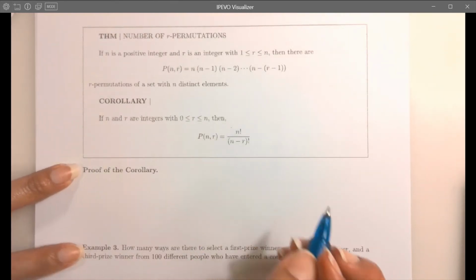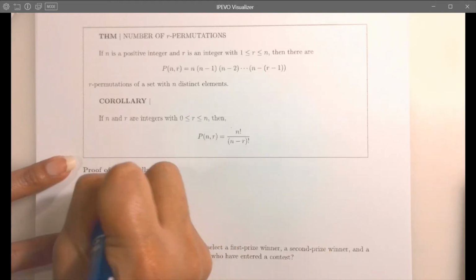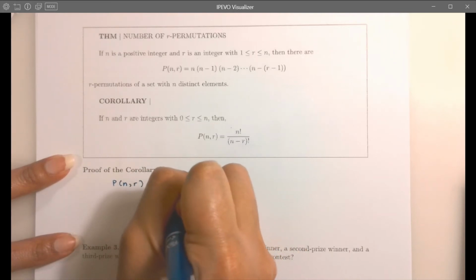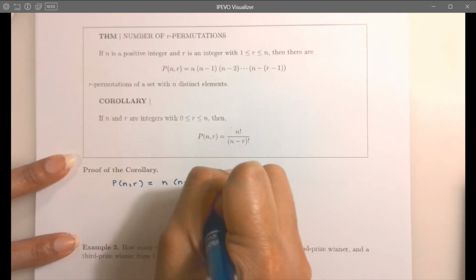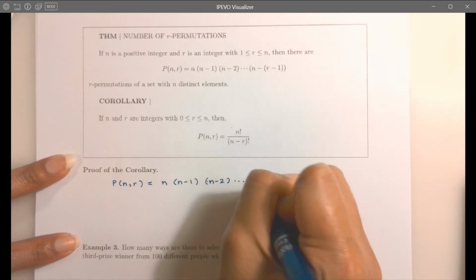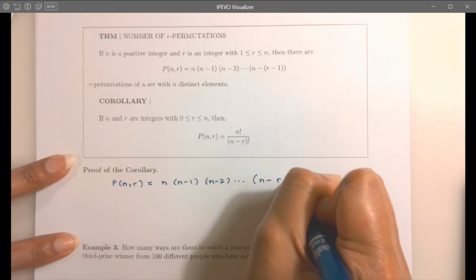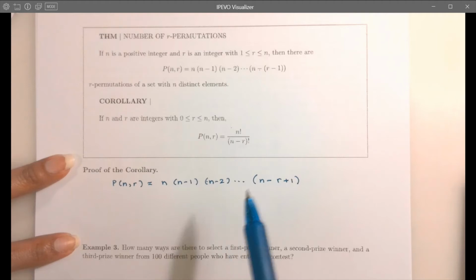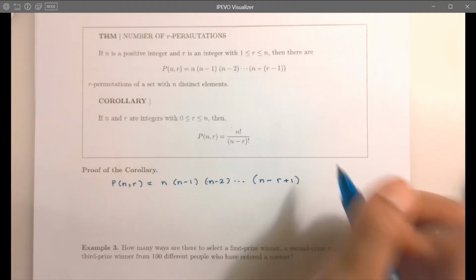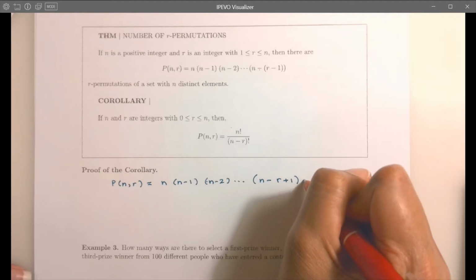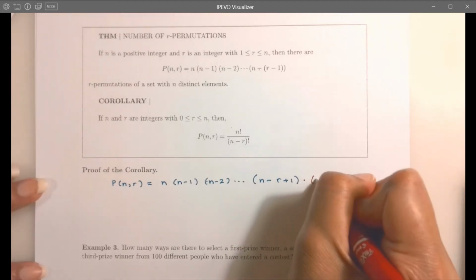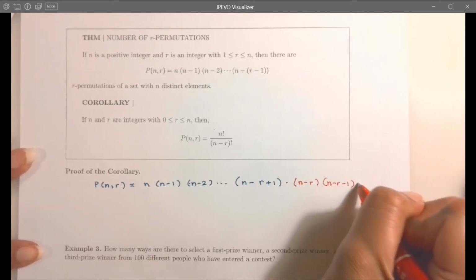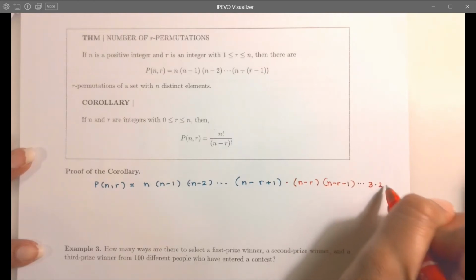It's a very short proof, so we're going to write it down here. From the theorem, we have that P(n, r) is n times n minus 1 times n minus 2 times all the way down to n minus r plus 1. If we were to continue to multiply the next terms, it would be n minus r times n minus r minus 1 all the way down to times 3 times 2 times 1.